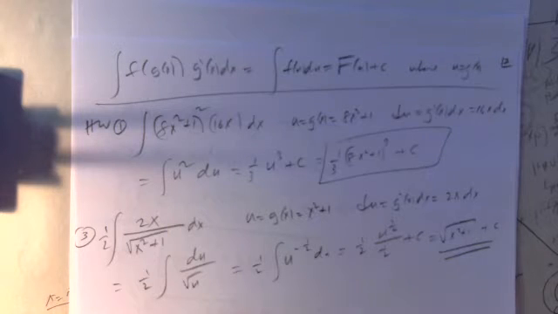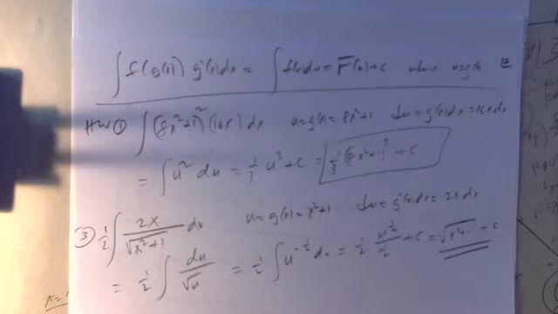And I need to have a g prime of x. So I see that if I let u equal x squared plus 1, what's the derivative of x squared plus 1? It's 2x. So if u is x squared plus 1, du is g prime of x dx, that's 2x dx. And if I multiply and divide by 2, here I have 2x.